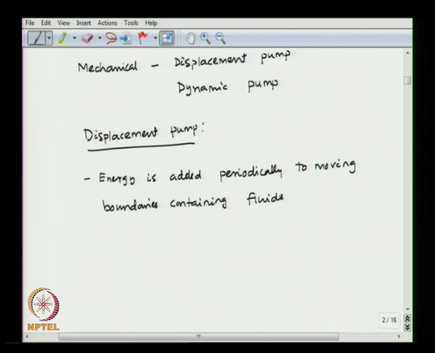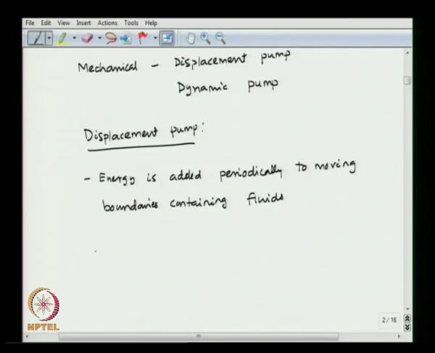Okay. So in displacement type of mechanical pumps the energy is added to the boundary containing fluids, and as the energy is added the pressure of the fluid present inside the boundary increases. So that is how the liquid gets transported to another location. One example of displacement type pump would be a piezoelectric driven valveless micro pump.